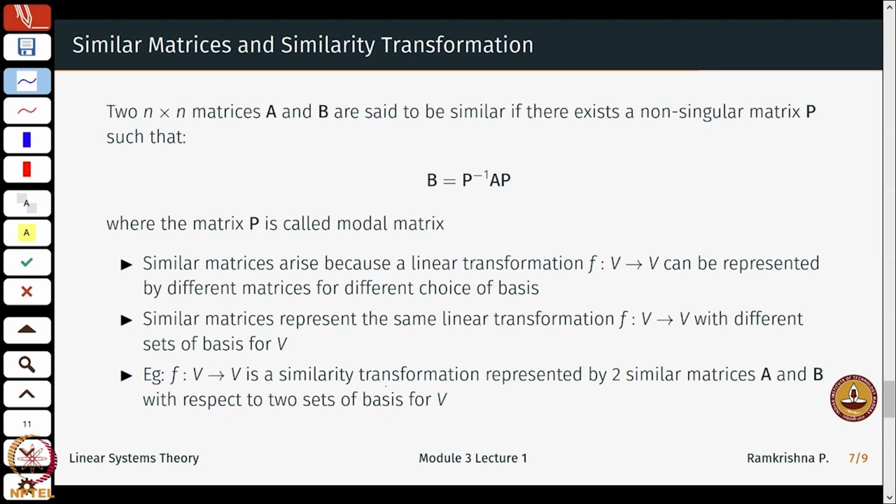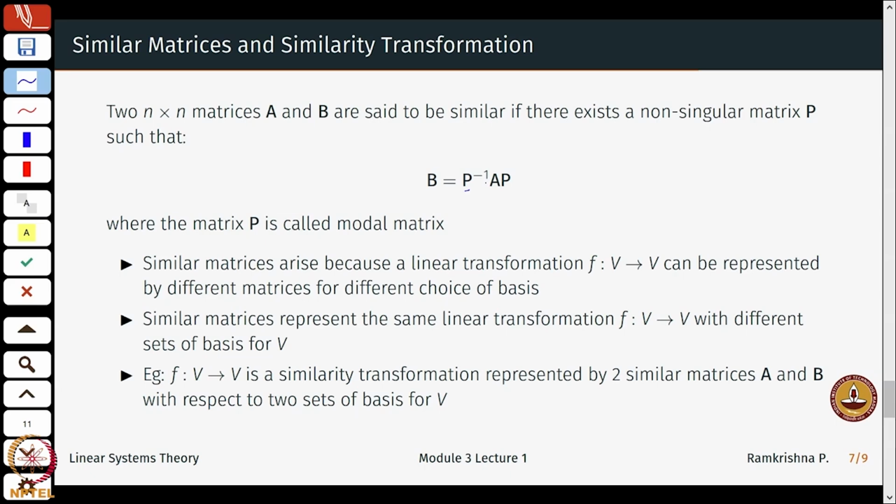Two matrices are said to be similar if there exists a non-singular, that is invertible, matrix P such that B is P inverse A times P, where P is called the modal matrix. We will see where that comes from.